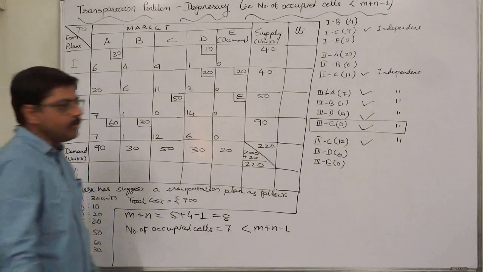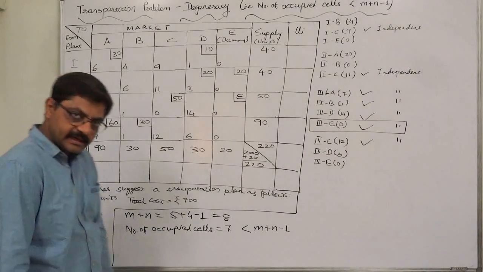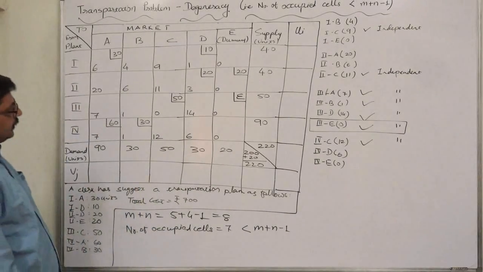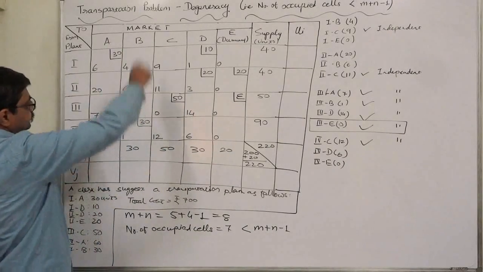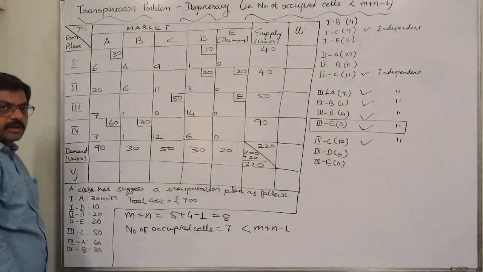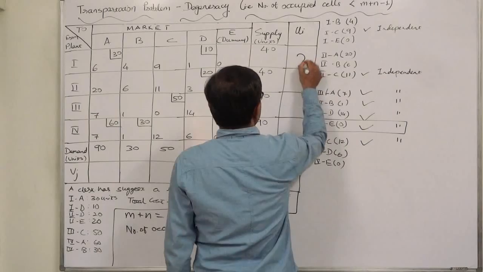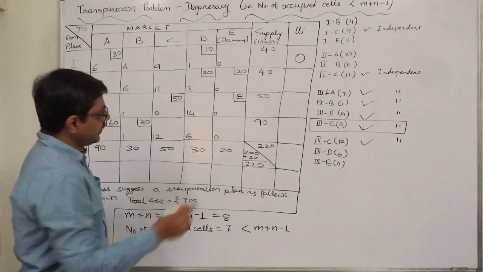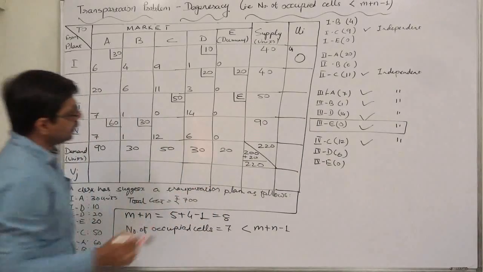And as we know, any one of the ui or vj values we can take as 0. We have all rows with 2 allocations, and we have no other row or column with 3 allocations. So let's select u1 and take its value as 0.